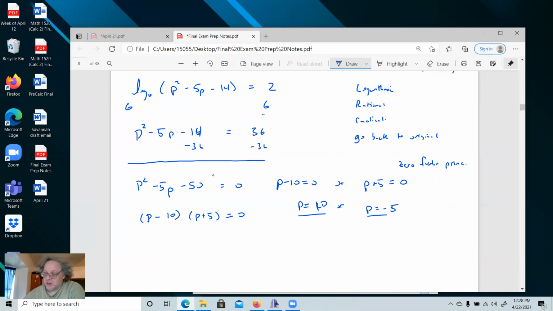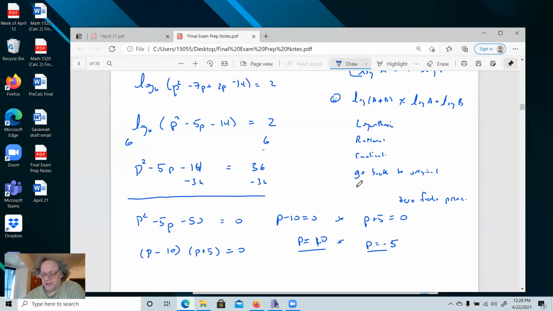With rational, you can get division by 0, so it's not really a solution. With radical, you can take the square root of a negative number, also not a solution. With logarithm, you can't take the logarithm of 0 or a negative number, at least not in college algebra. Someday you may learn how to do that with complex numbers.